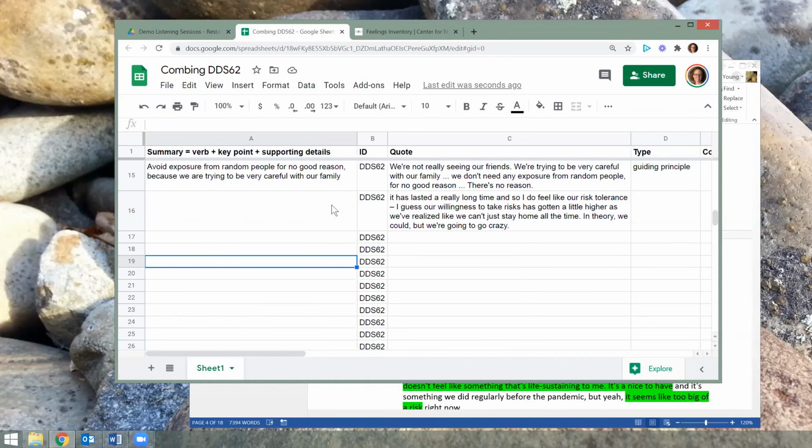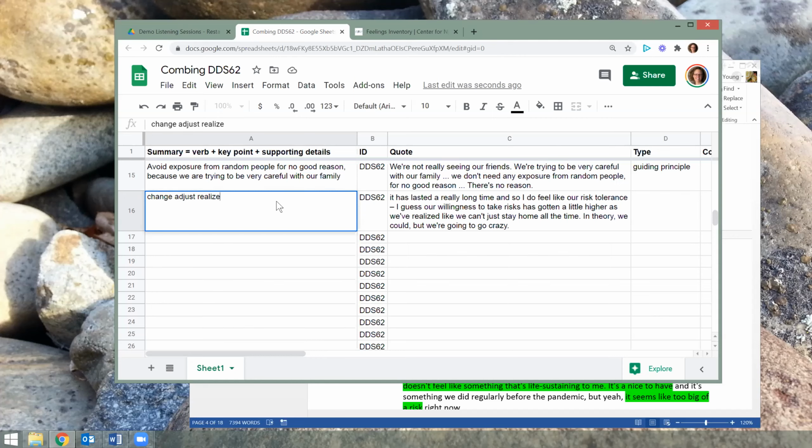So let's see what we can do. What little verbs can we take advantage of here? Change, adjust, realize. Okay, how about realize? That's a nice one because she uses it.